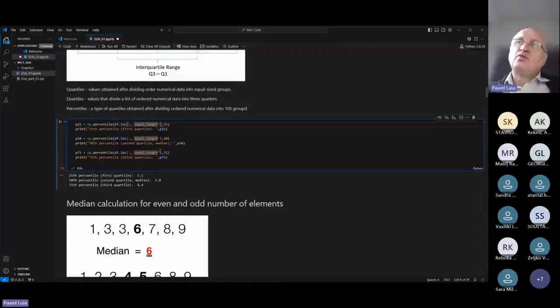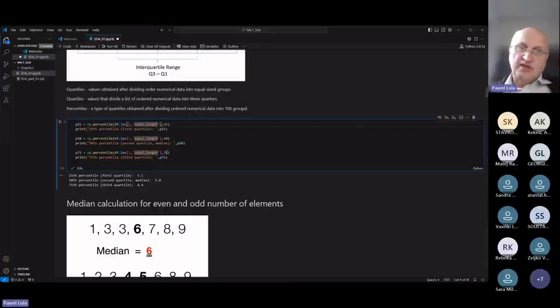This function has two parameters. The first is a data set in which we have values, and the second is the information about the percentile which we are going to calculate. So here it is the 75th percentile.